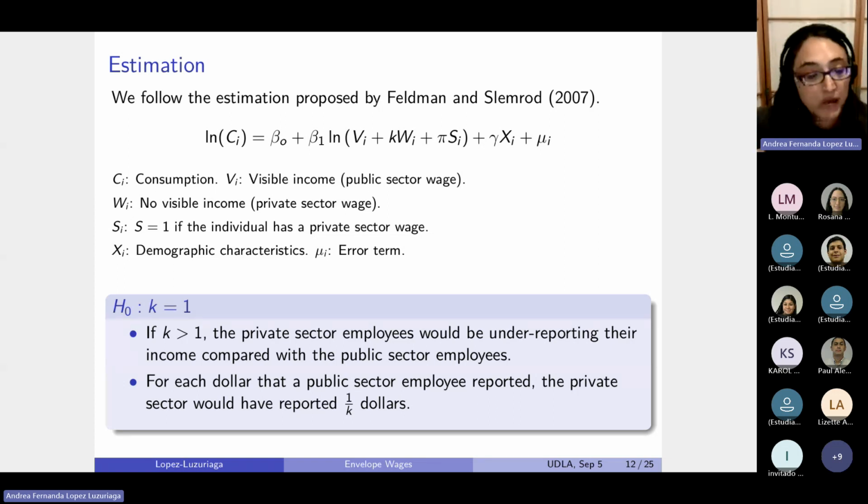So there is part of the wage that is not being reported to the tax authority versus the public sector employee. And the way we are going to read this parameter is for each dollar that the public sector employee reports, the private sector employee will have reported 1 over k.